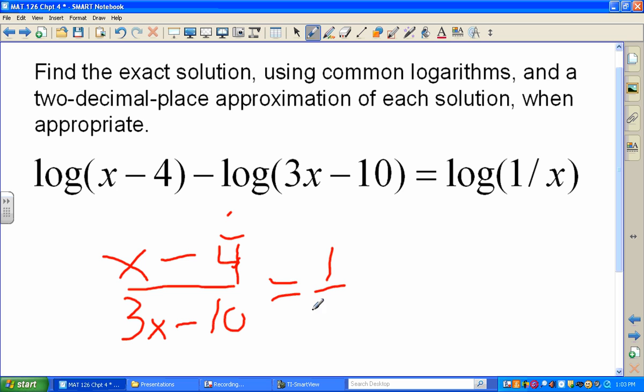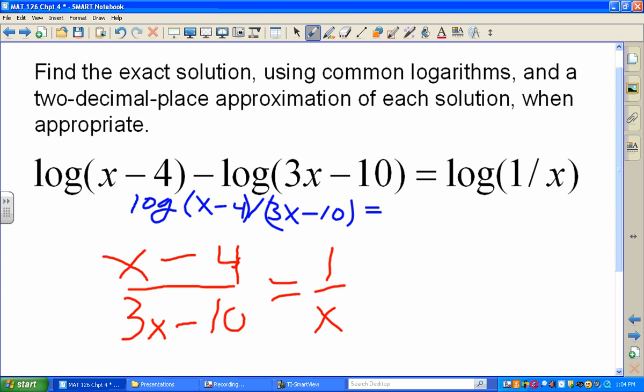Once you get the logs as a single log, let me insert something in blue here, just a minute, Alex. Since I have space right here, I'll write this as log of x minus 4 divided by 3x minus 10, since you're subtracting logs, equals log of 1 over x.